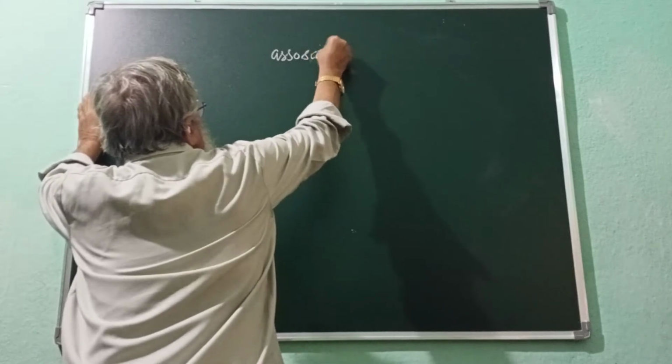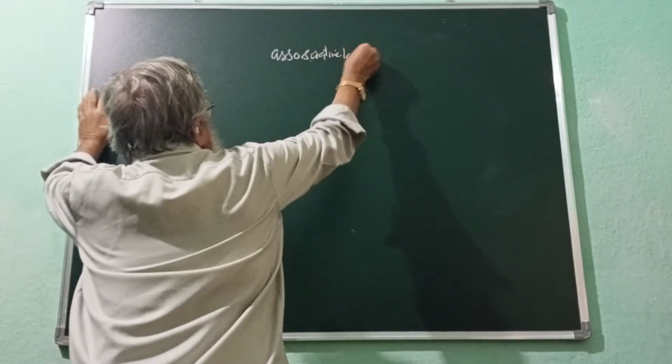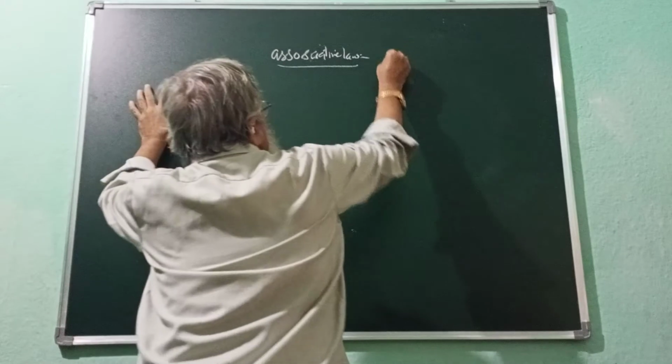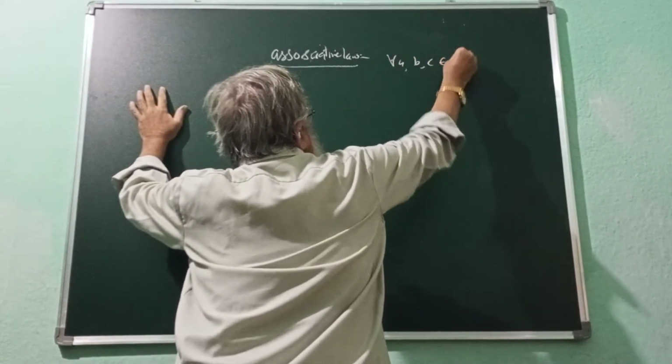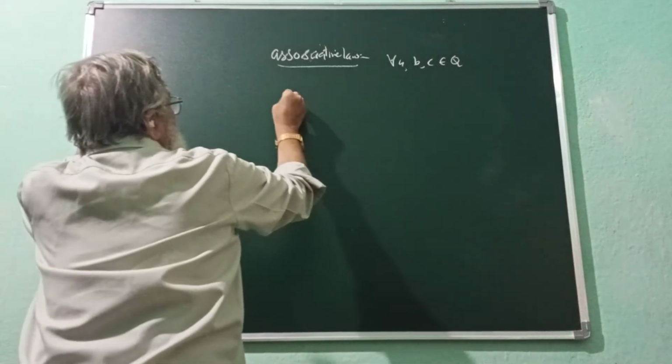Associative law. Here, for every A, B, C belongs to Z plus. Now let us see.